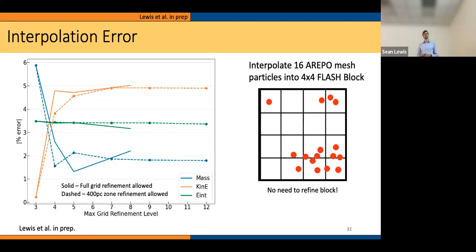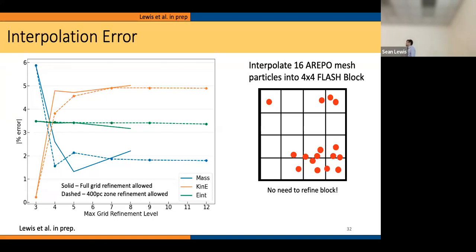So in the case where these points are really clustered down here, only one of these Arepo data points will get assigned to each cell, and we lose some information. Some of those Arepo points do not get interpolated anywhere, and the cells out here that have no Arepo data in them will interpolate just the closest Arepo particle they can find. And so we get either this smearing effect or this data loss at these clustered points. This is due to the interpolation scheme that I use. So potentially this is refinable.